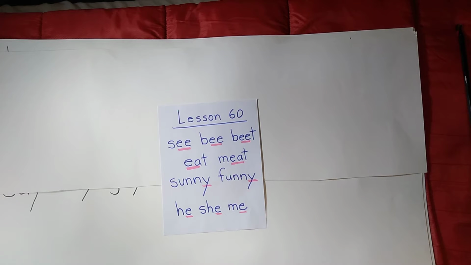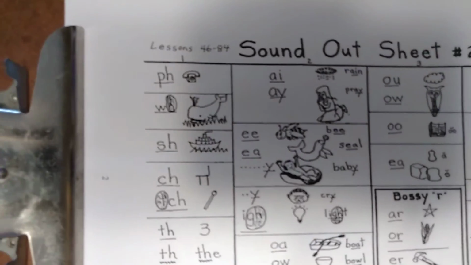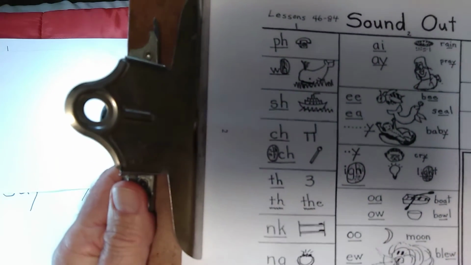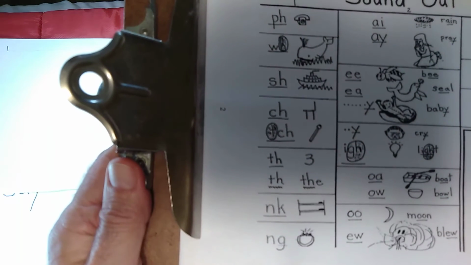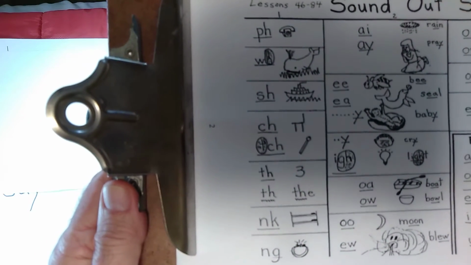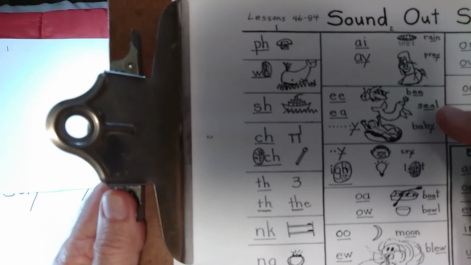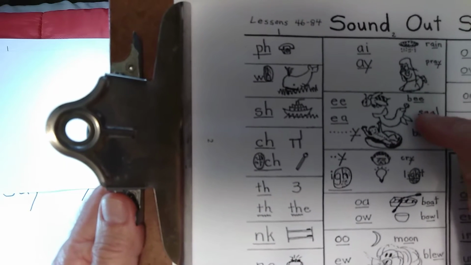Now, as I mentioned in the last lesson, if you want to use this sound out sheet to review the sounds of the letters in the last few lessons that we've done, we're in this lesson right here, but it's not a review.